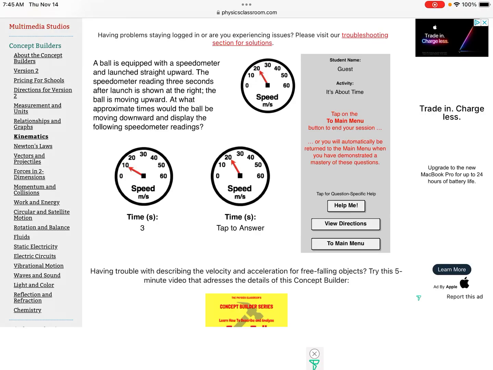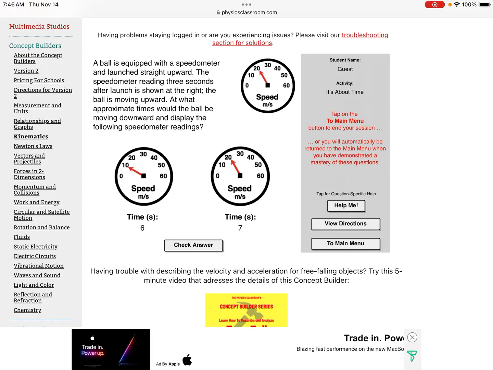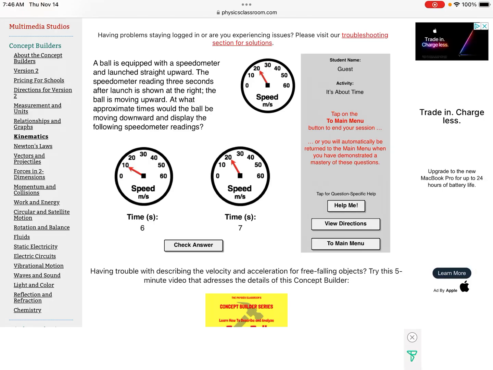Now every now and then they're going to give you a little trick question where they don't specify that the ball is moving downward. They may just ask, when could the ball be at 20? Check that answer. So the ball could be at 20 right here or here.